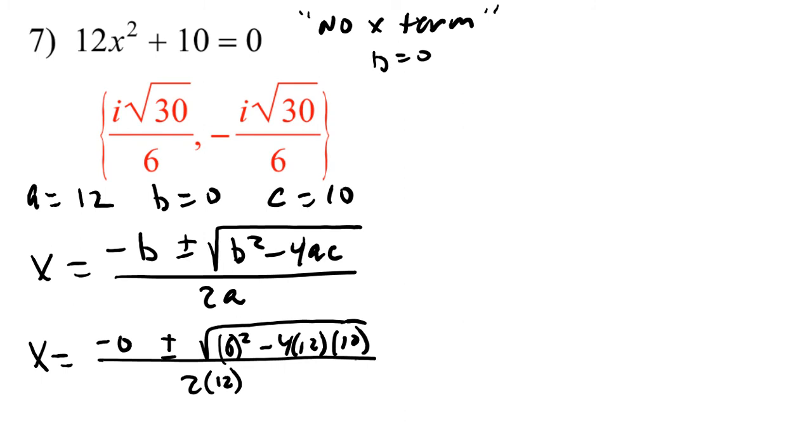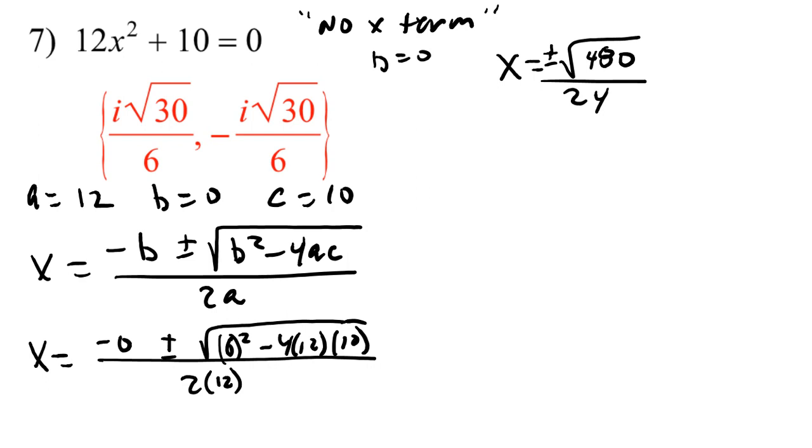Okay, so then I always like to simplify this. So we're going to end up getting x equals the square root of 480 divided by 24.